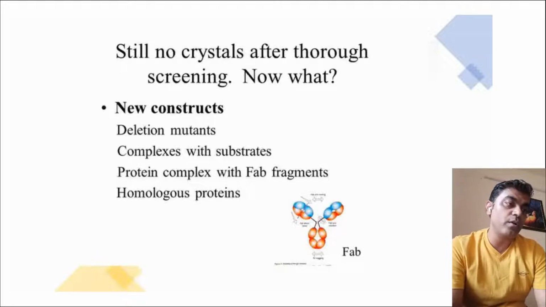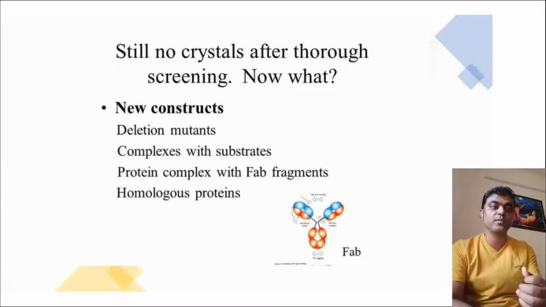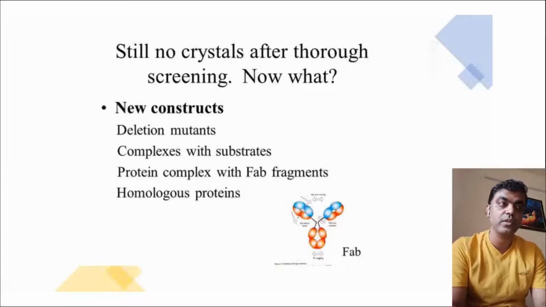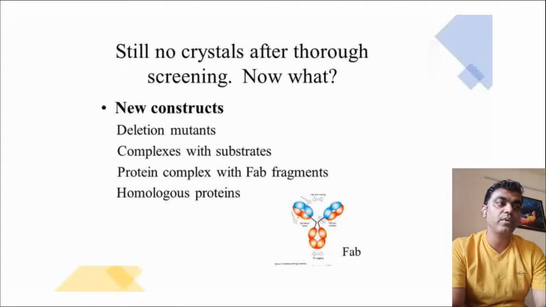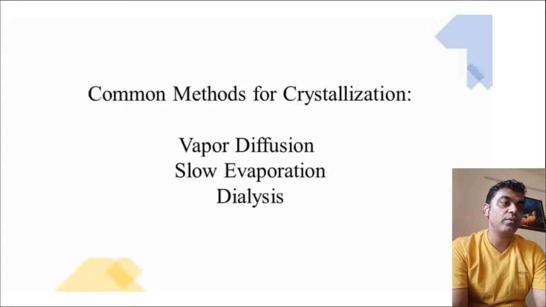You have to look at the protein complex with Fab fragments, which are small fragments, and obviously the availability of homologous proteins: what the structure is, what the orientation is. You should try to understand these basic differences before you start, and I think this will help you move towards the formation of crystals.